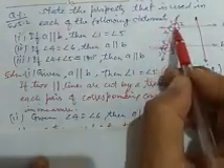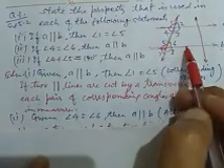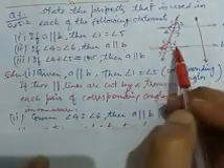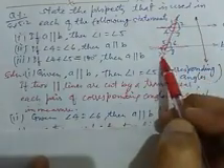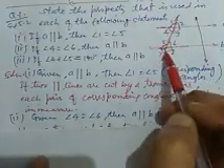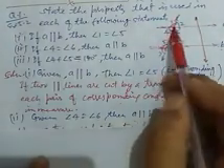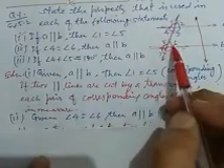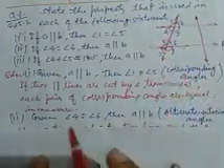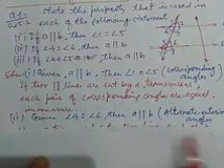But angle 4 and angle 6 make a Z, and both the angles are on opposite sides of this transversal. One arm is common, so they form a Z and they form alternate angles, and alternate angles are equal when lines are parallel. Here angle 4 and angle 6 are equal, and they are alternate interior angles.